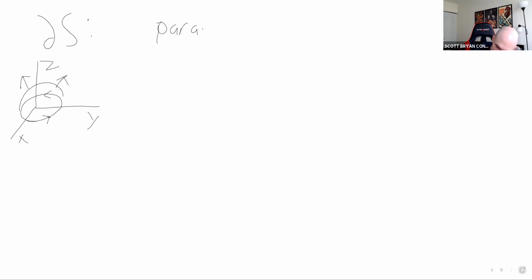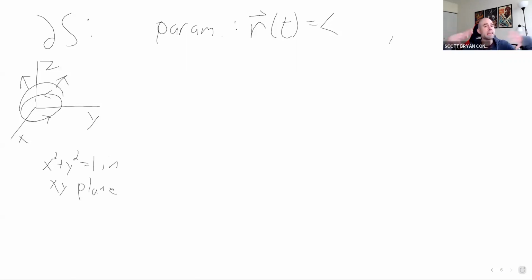And so let's parameterize our boundary curve. Our boundary curve is just in the XY plane. It's that unit circle. So we can think of it as being in the XY plane.